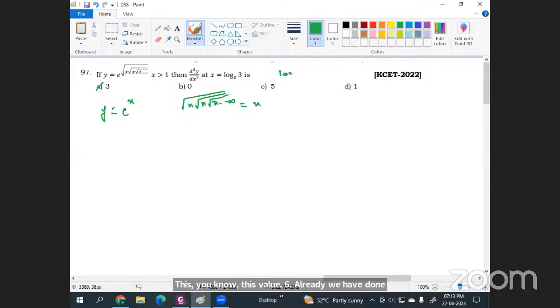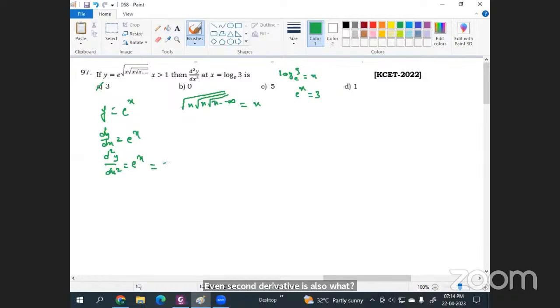So log 3 base e equal to x. Remove the log, e power x equal to 3. Right? So dy by dx equal to e power x. Even the second derivative is also e power x, that equal to how much more? 3. First option is the right option. Correct. First option is the right option.